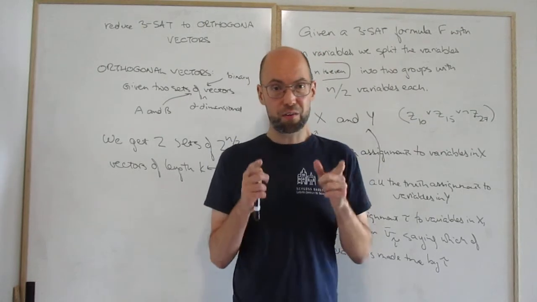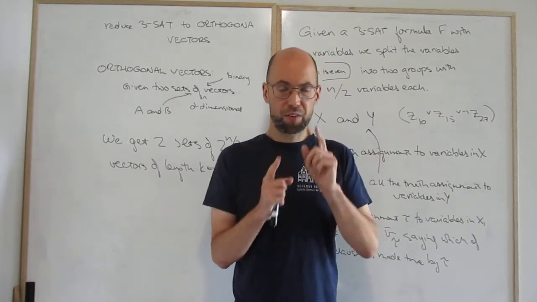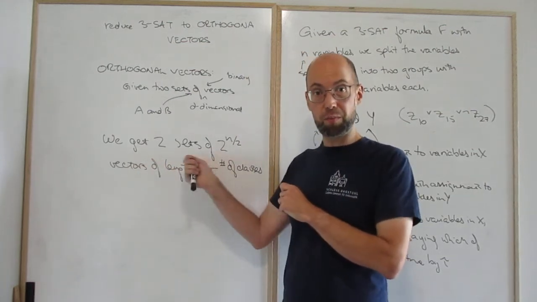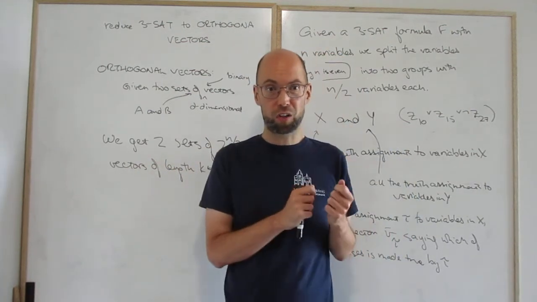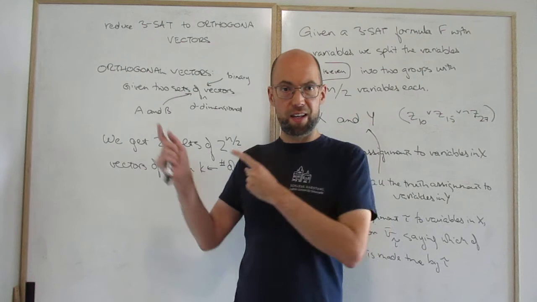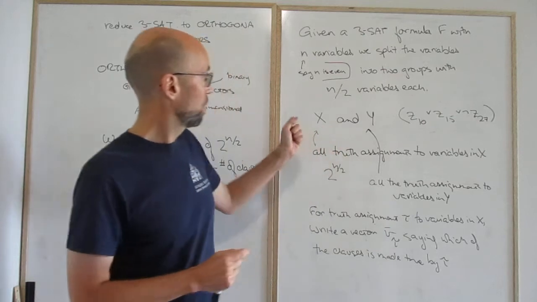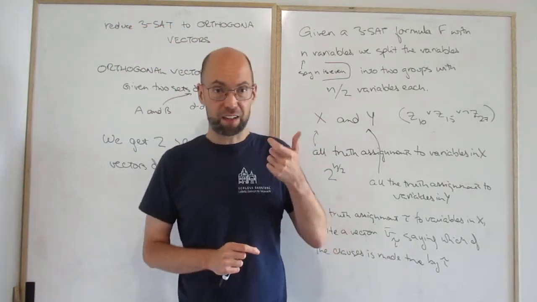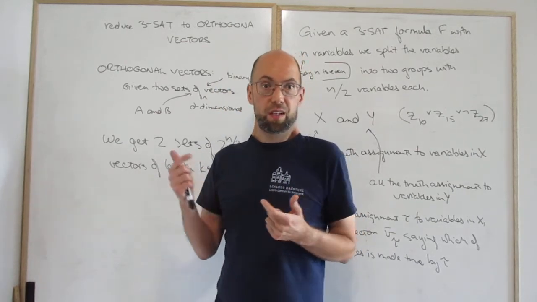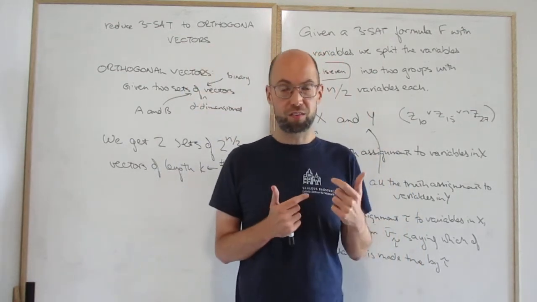That means that for every component i, remember the components of the vectors are the clauses, either the ith component is 0 in the vector from A, which means that the truth assignment to x satisfies that clause, or it's 0 in the vector from B, which means the truth assignment to y satisfies it.